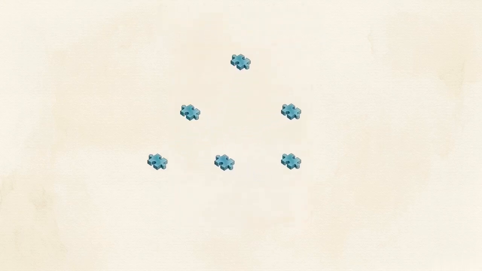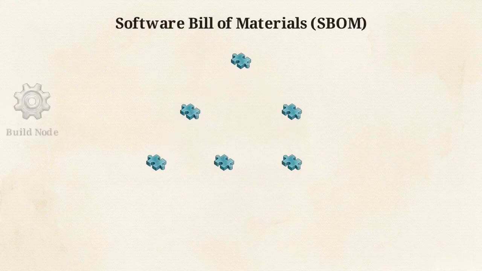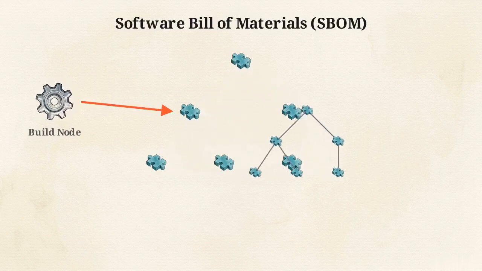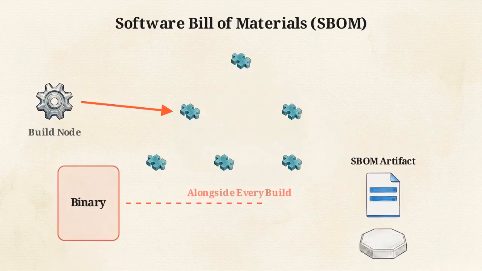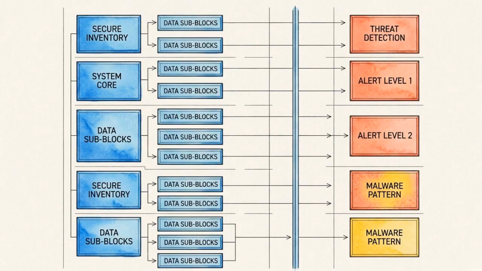This visual shows a compiled application splitting to reveal internal components mapping directly into a hierarchical software bill of materials, or SBOM. The build node dynamically exports this SBOM as a standalone artifact alongside the binary at every build. Once generated, the SBOM contents must be continuously cross-referenced against active threat intelligence databases.